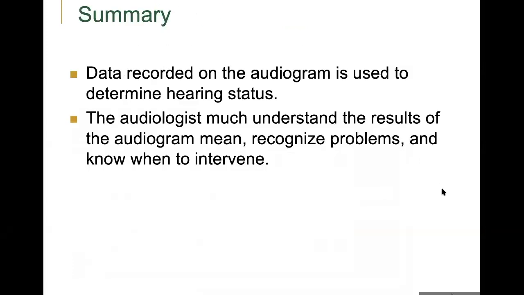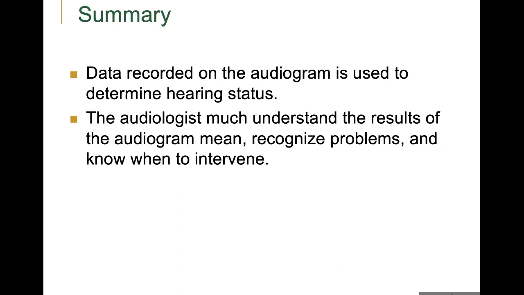All right. Okay. Those are some of the major characteristics that you will see. We'll talk about mostly in this class, conductive and sensory neural. There might be some instances where we might see mixed hearing loss. But we might see some patterns. We'll certainly see some rising patterns.